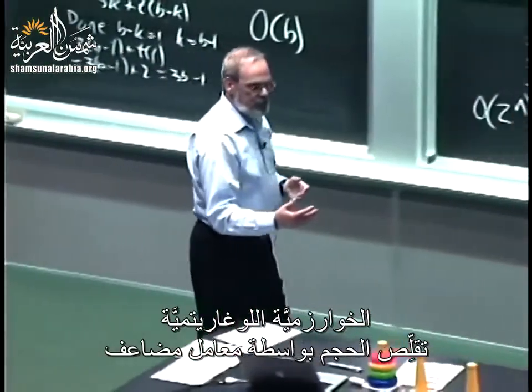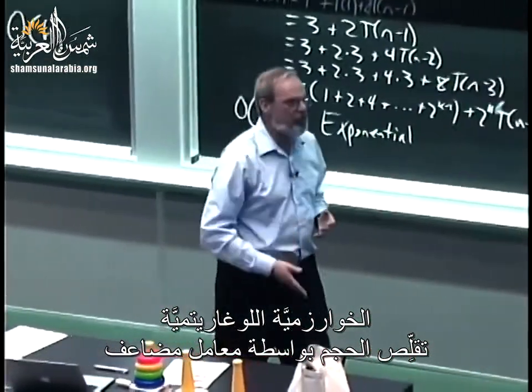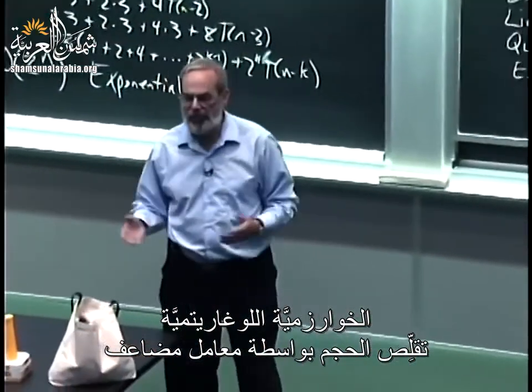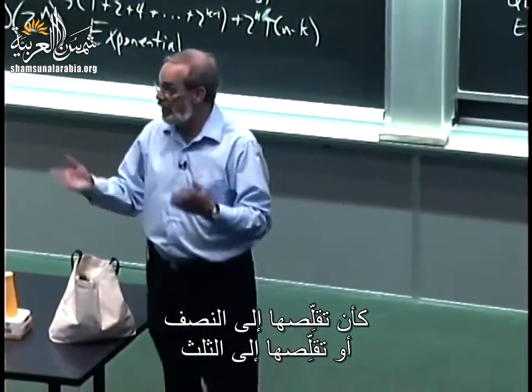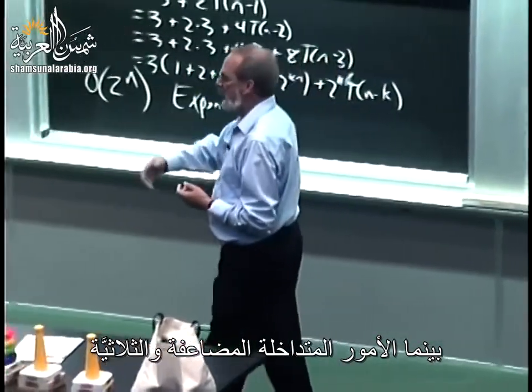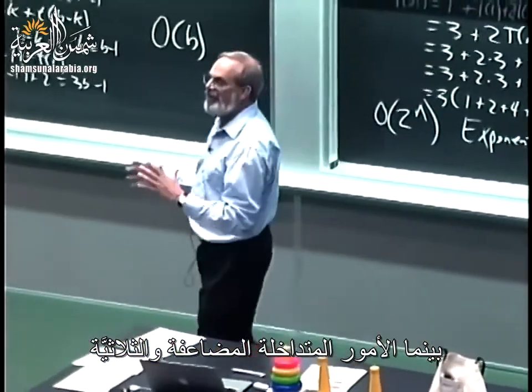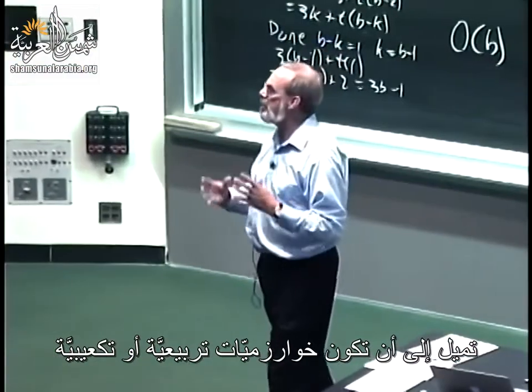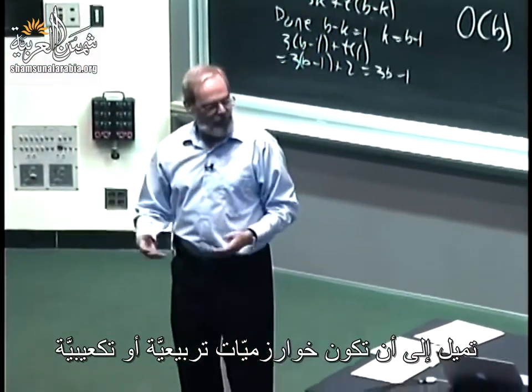A log algorithm typically is one where you cut the size of the problem down by some multiplicative factor. You reduce it in half, reduce it in a third. Quadratic algorithms tend to have this, I was about to say additive, wrong term, but doubly nested, triply nested things are likely to be quadratic or cubic algorithms.